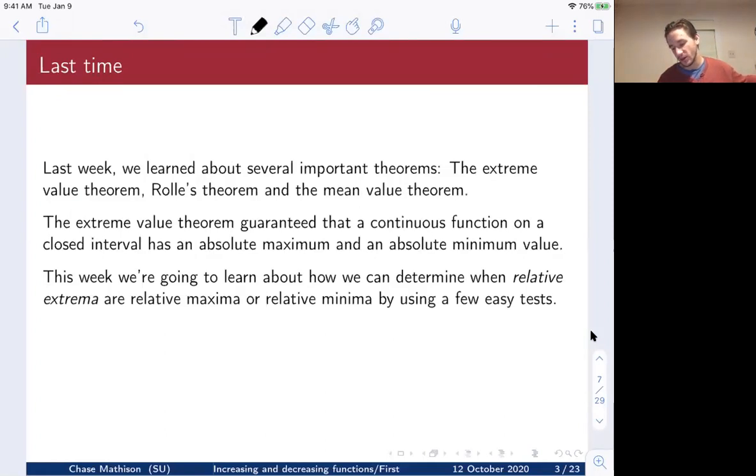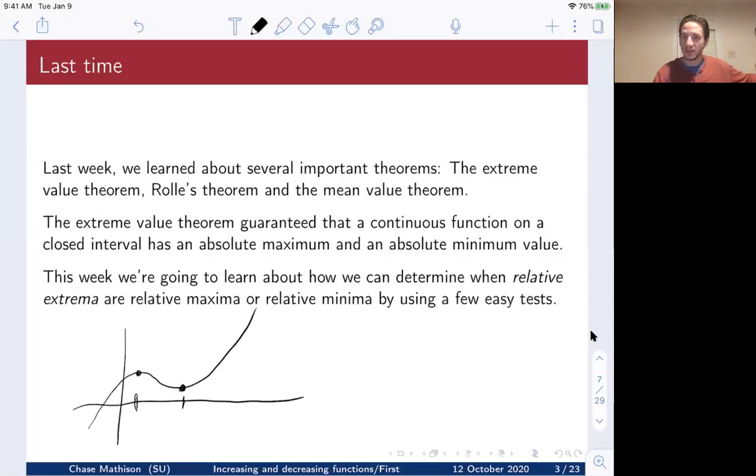So today, if I have time, we're going to learn about what's called the first derivative test, and then Thursday we're going to learn about the second derivative test. Okay, so these both help us determine if I'm looking at a function and I know critical points. So there's a critical number and there's a critical number, right?